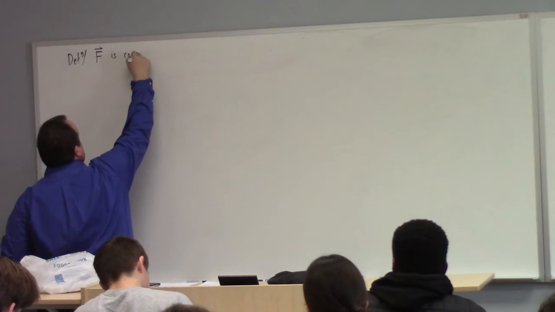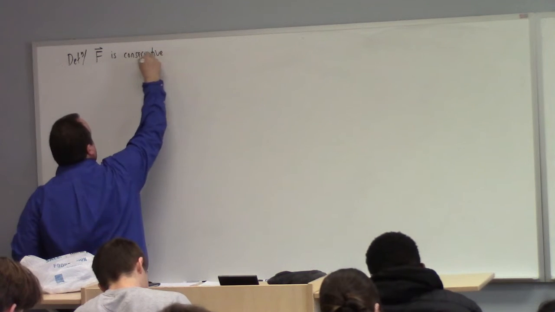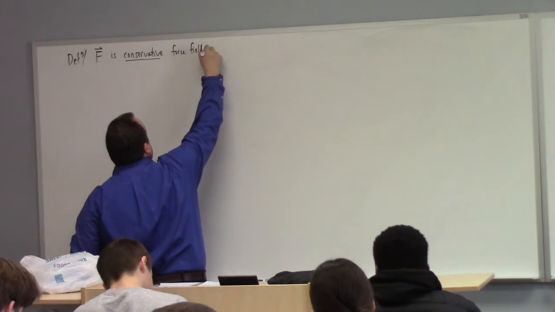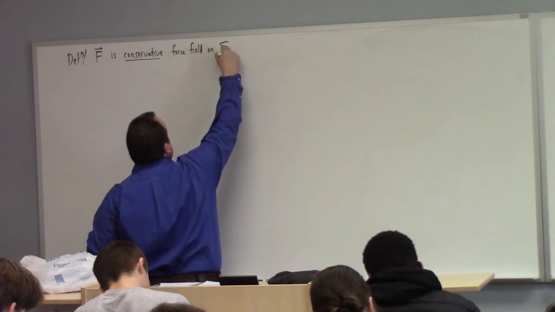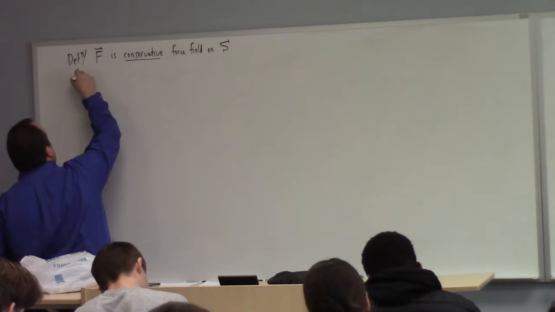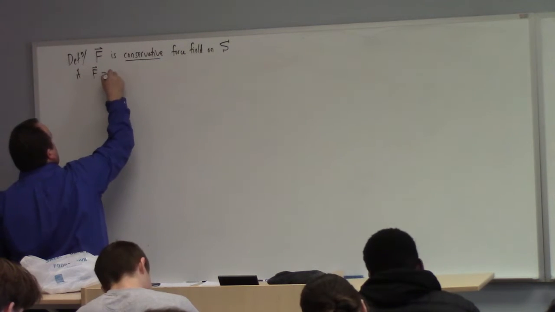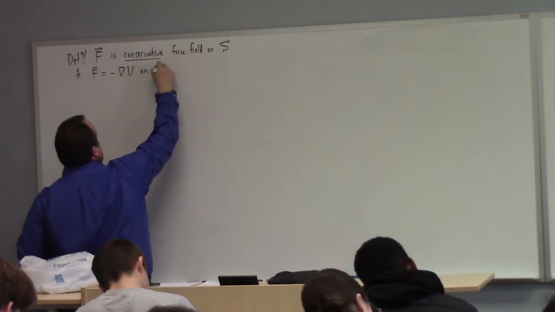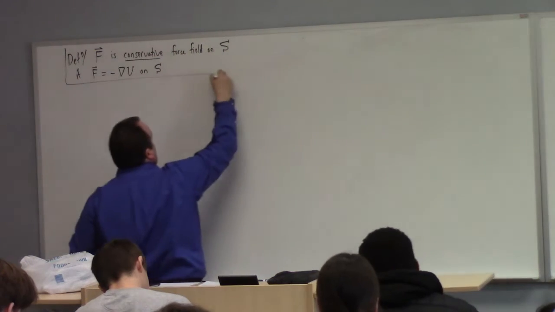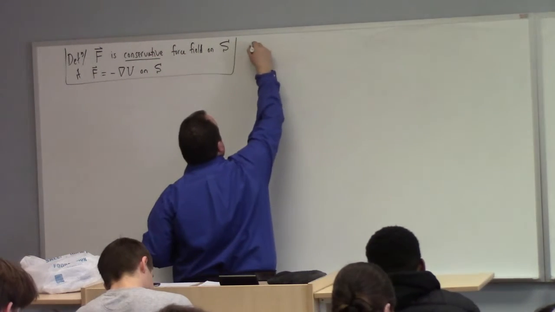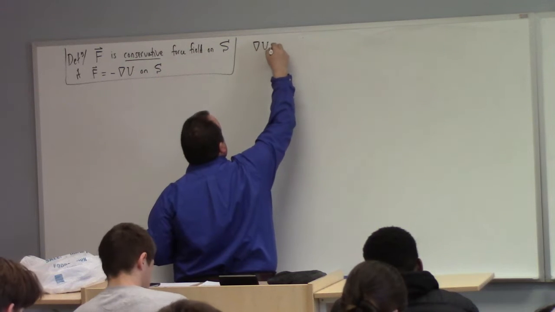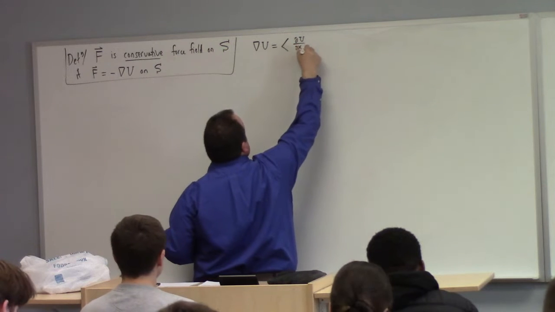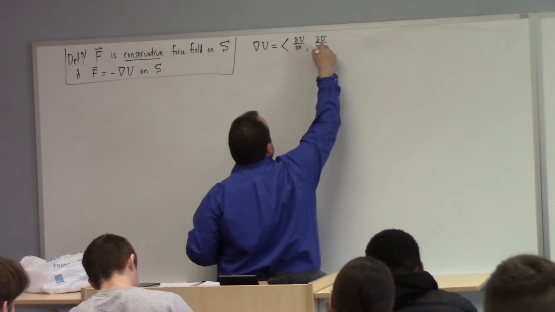F is a conservative force field on S if F is equal to minus the gradient of U on S. Now here, the gradient of U could be partial U partial x, partial U partial y.